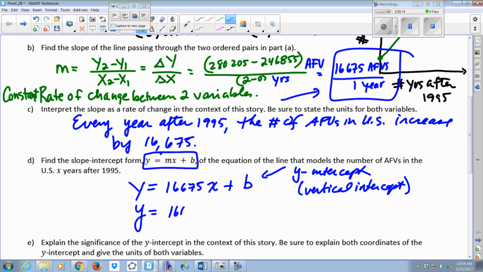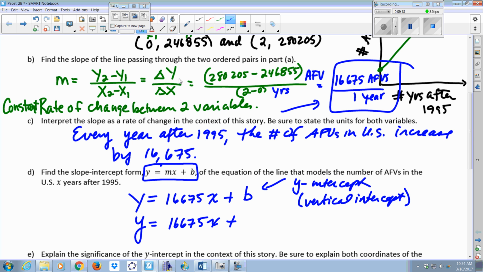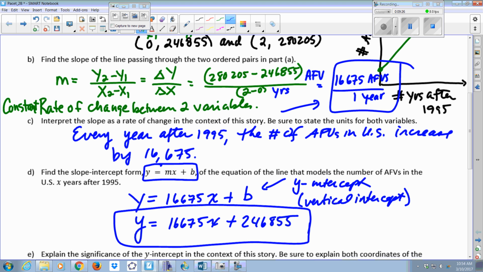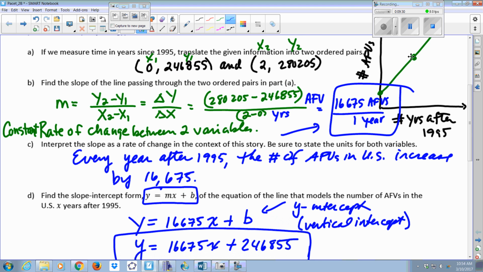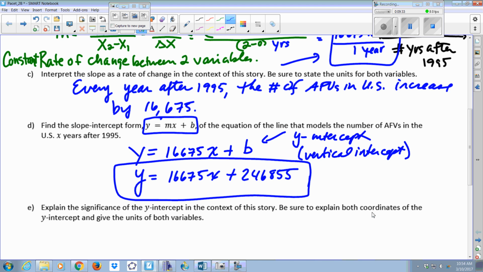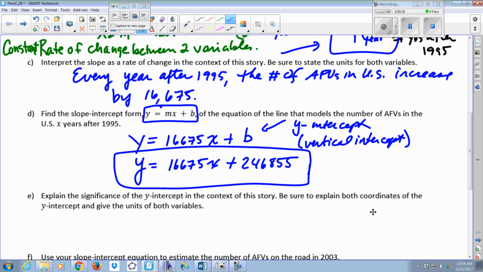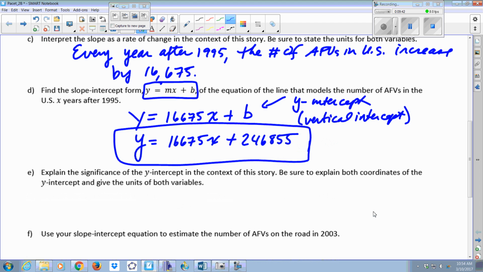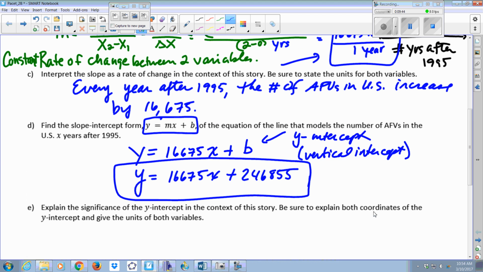We can come up very quickly with our equation because we're given all the information we know. So this would be the equation for the line that goes through those 2 points, those 2 pieces of real data. Any questions on that? Add what together? No. Okay. All right. Any other questions?